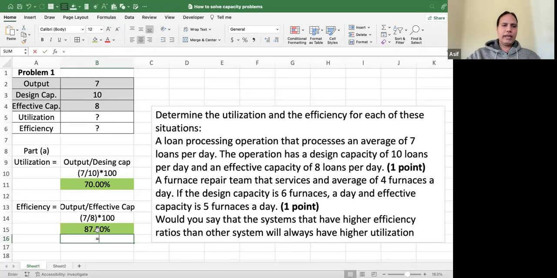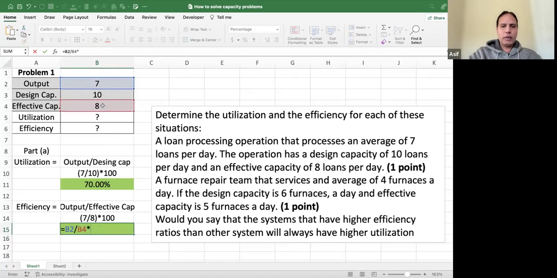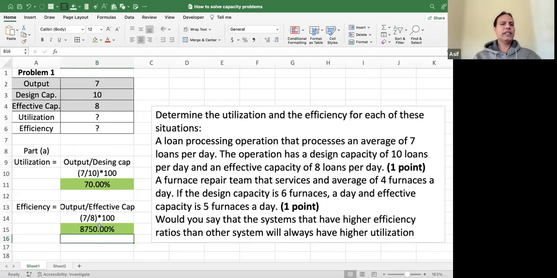Or another way is that, for example, we say is equal to 7 divided by 8 multiplied by 100. So as you can see here, now this is erroneous. The error is because I multiplied by 100, and I also clicked on this one. So it means that we don't need to enter this 100.